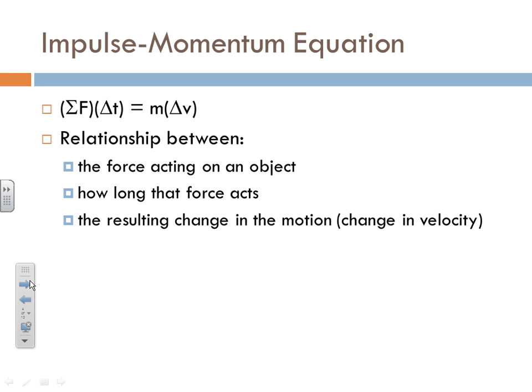That's the one factor that we really haven't considered up until this point. How much force is being applied to this object, but also how long are we applying that force? And then, taking into account both of those factors, how much does the motion of an object actually change?